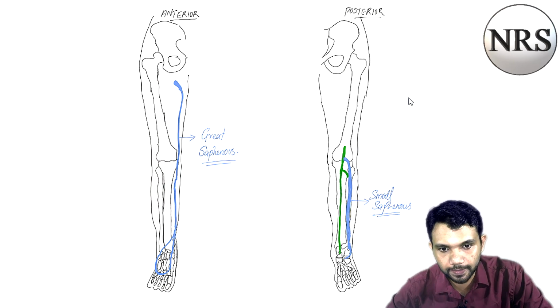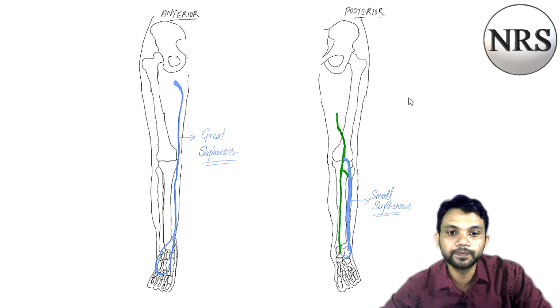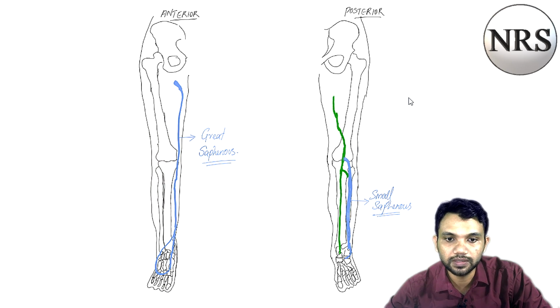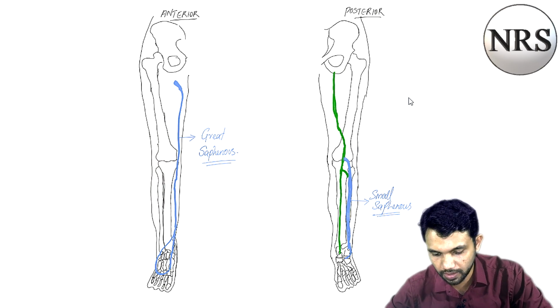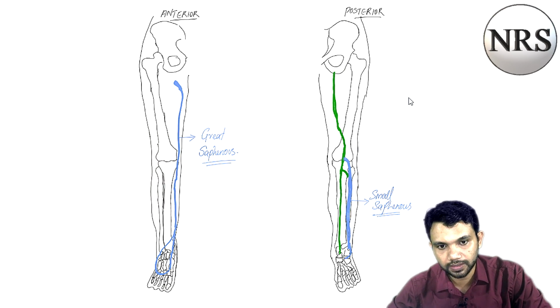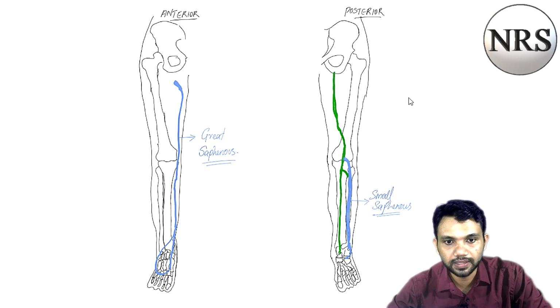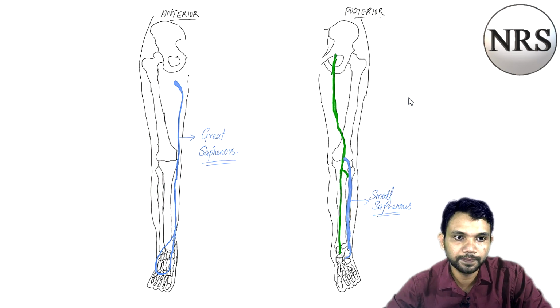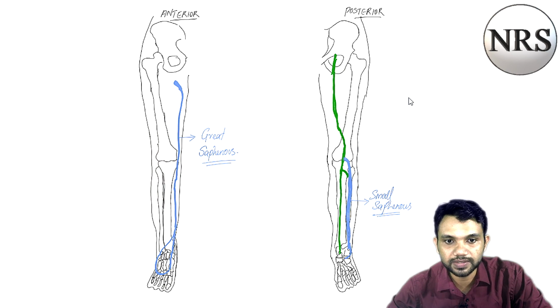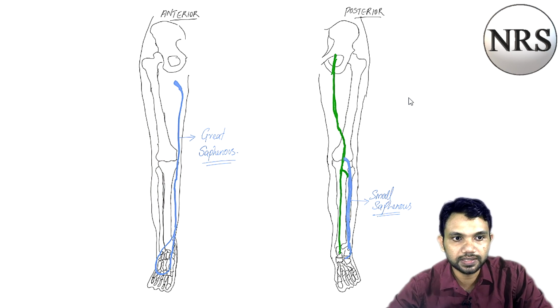You can see this popliteal vein will form the femoral vein, and it will run all the way up in the thigh. In the thigh you can have the great saphenous vein.